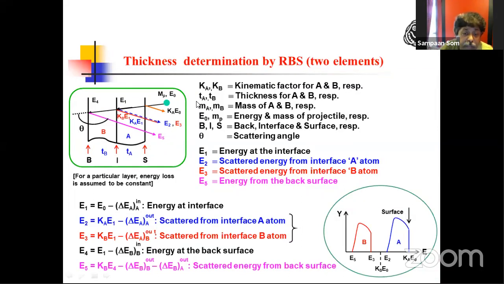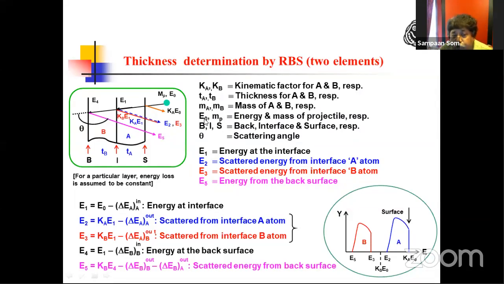And then what we see is step by step, if we do the same calculation, and if the thickness values are Ta and Tb, mass of these elements present in the target are capital A and B, as is being shown through the marker.